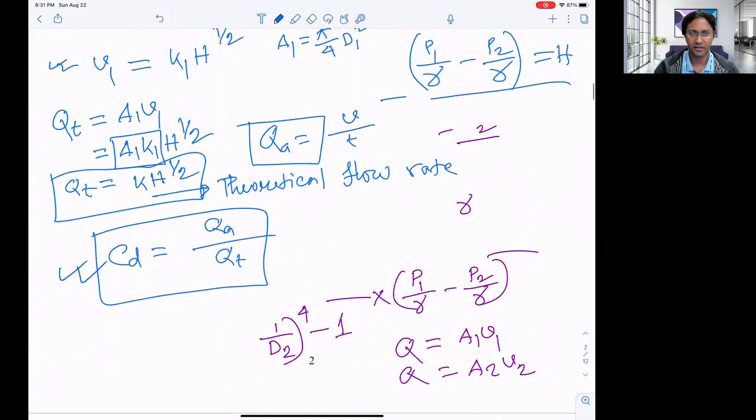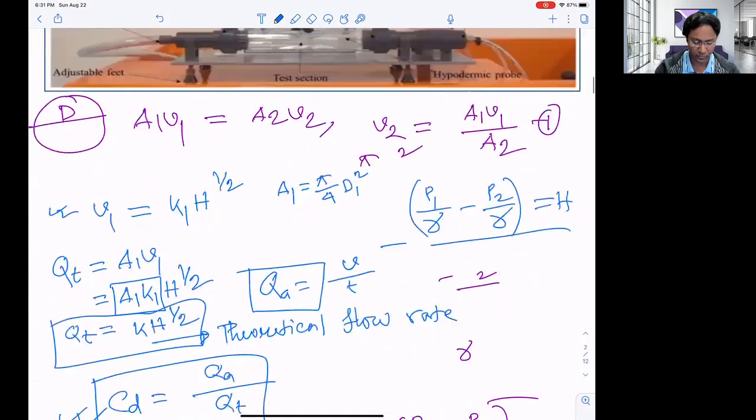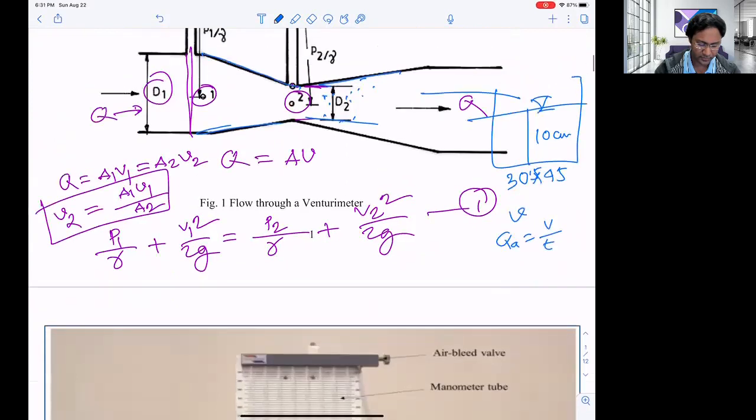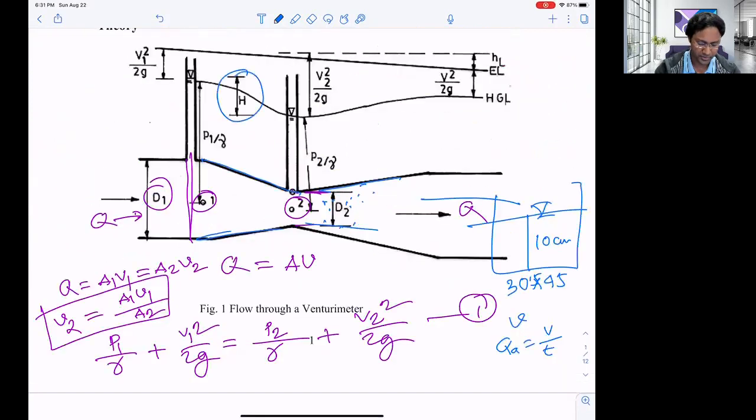But another objective of this experiment is to calibrate the device. Calibration means we'll make a definite relationship between the flow rate Q and the pressure differential. So the main objective is we just want to know this pressure differential. By knowing this pressure differential, we want to know the actual flow rate, not the theoretical.